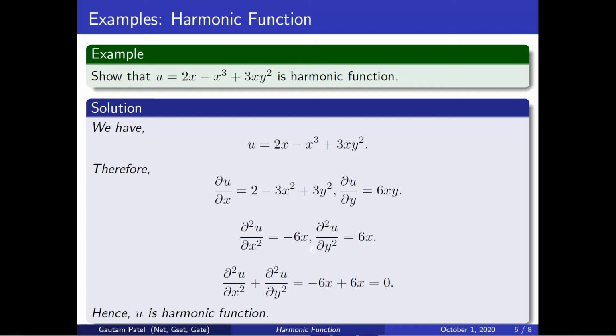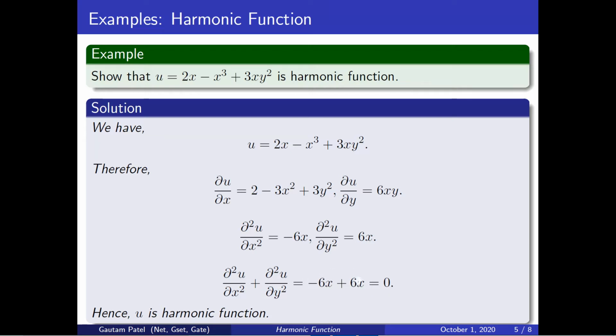Now similarly, the second partial derivative of u with respect to x is minus 6x, and the second partial derivative with respect to y is 6x. Now adding del square u by del x square plus del square u by del y square, which is the left hand side of the Laplace equation, we put del square u by del x square as minus 6x and del square u by del y square as 6x.